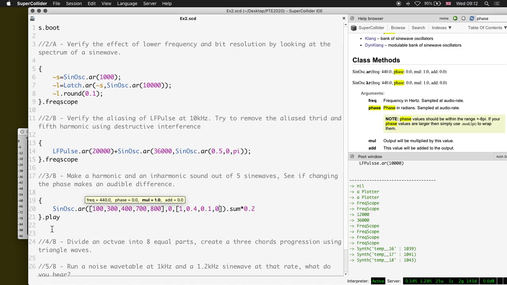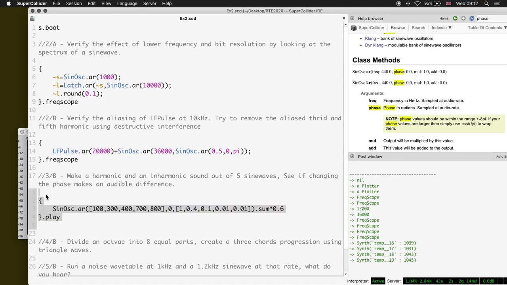So I'm gonna do that. I have 5. Let's hear this one. Probably can be more generous with the volume now. Probably even more generous. Okay, so now it does sound like a single tone, and it does have these multiple harmonics.